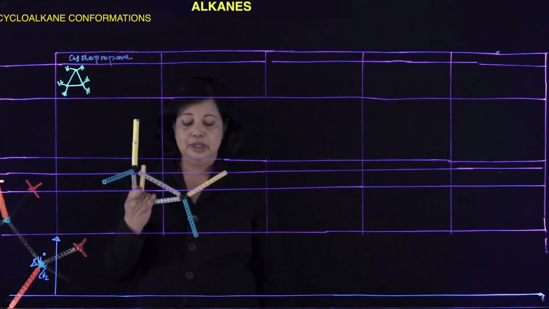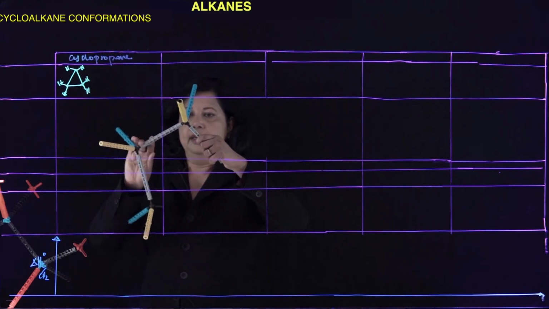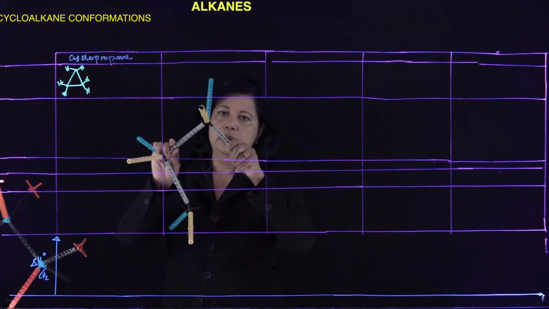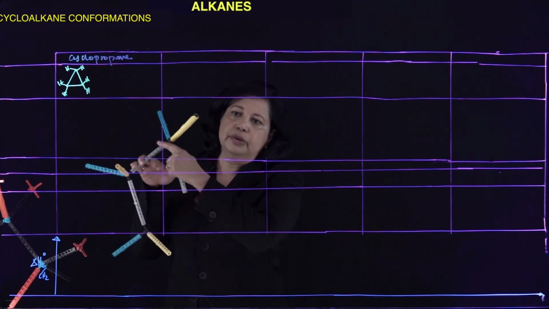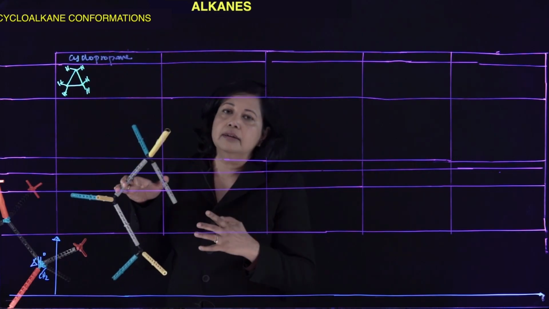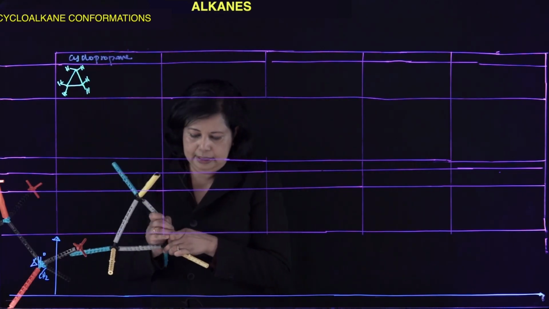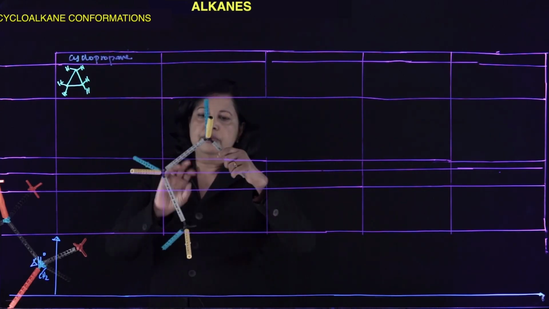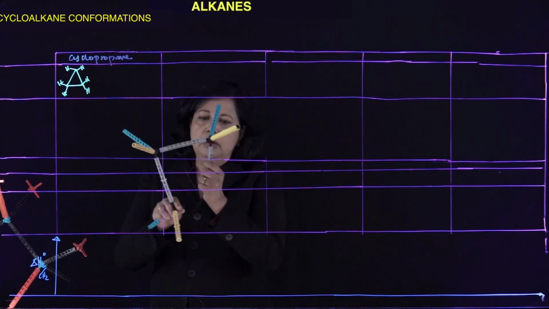So how do you squeeze 109 into a 60? It's really strained. First of all, you can see in 109, they're further apart. But when you squish them, these bonds are basically electrons that are repelling each other. So there's a lot of angle strain. That's what it's called, angle strain. So deviation from 109.5 to either smaller or even a bigger.